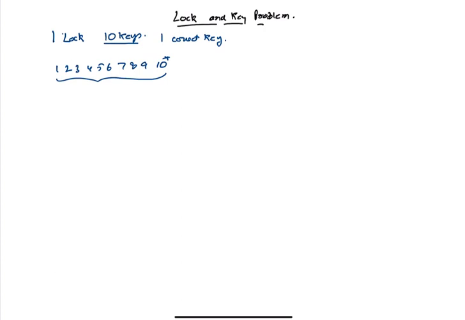Now these 10 keys can be arranged 10 factorial ways, because you can try one and then the second key might be the correct key, but this one can be any of these 9 and then the rest can be any of these 9. So this is not just 10 ways which you can arrange it, it is 10 factorial ways that you can arrange it.